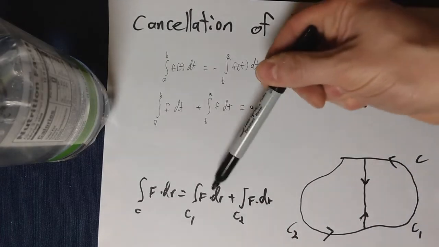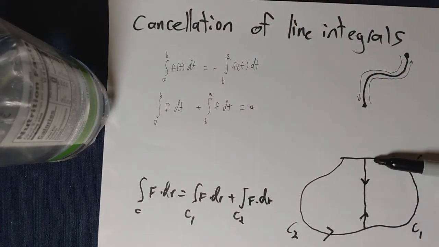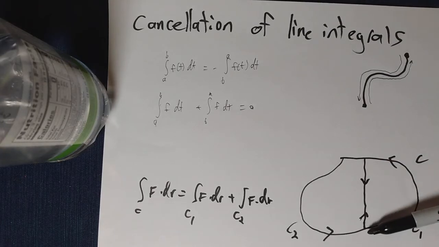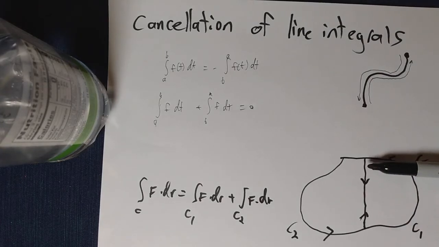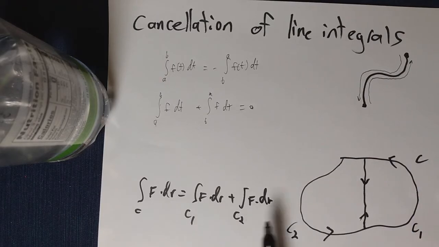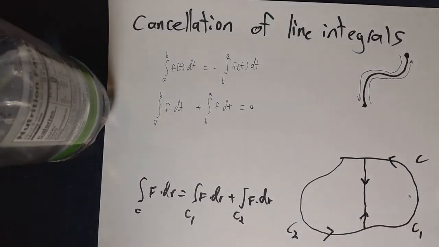But if you do both of these integrals, that will include integrating across this line once in this direction and once in this direction. So that will cancel out. And you can get the integral around the outer circle C by integrating over the two inner regions.